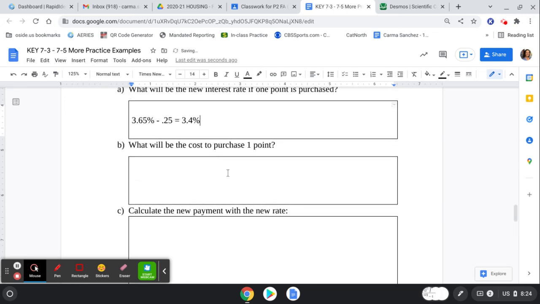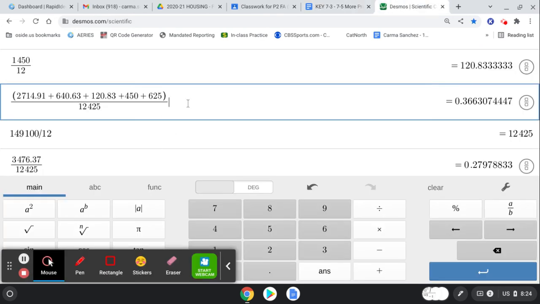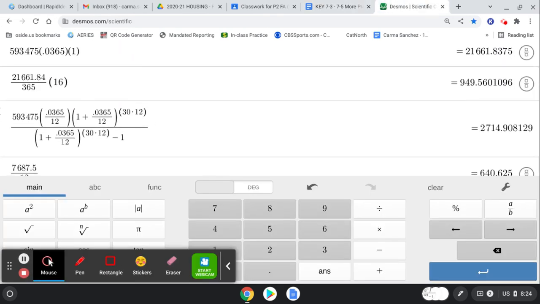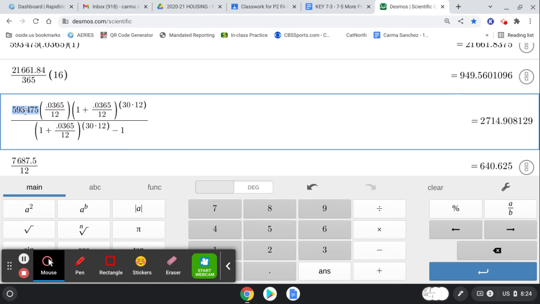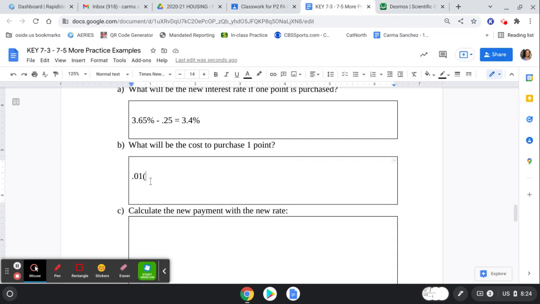What would the cost to purchase 1 point be? It's 0.01 of that giant loan amount that we've been using, the 593,475 amount. So that makes the cost of a point 5,934.75.